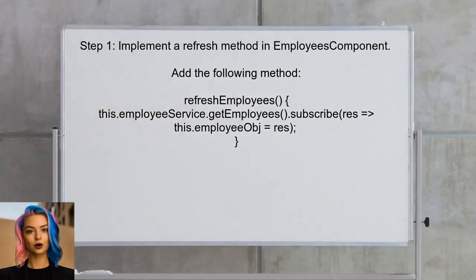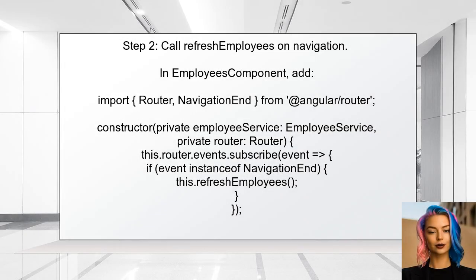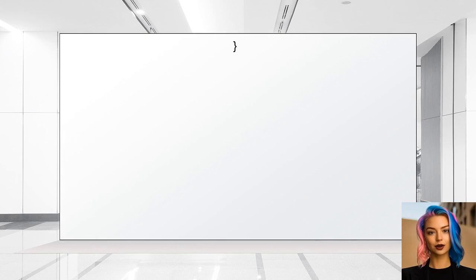To resolve the issue of the employee component not updating after adding a new employee, the user should implement a method to refresh the employee data after navigating back from the form component. Next, the user should call this refresh method after navigating back to the employee component. This can be done by using Angular's router events.